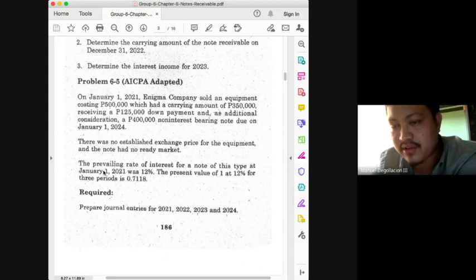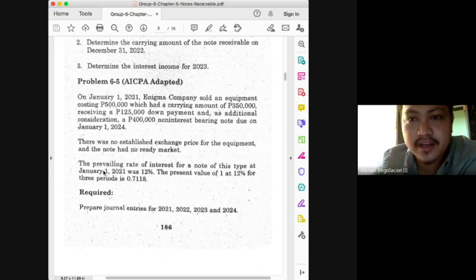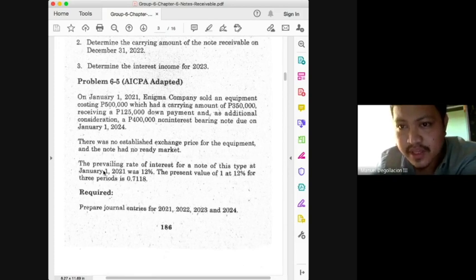Although we're not yet supposed to know about property, plant, and equipment, if we're talking about PPE, the carrying amount is simply the historical cost minus the accumulated depreciation. So what does this mean? If it has a historical cost of 500,000 and its carrying amount is 350,000, that will tell us that there is an accumulated depreciation in the amount of 150,000.